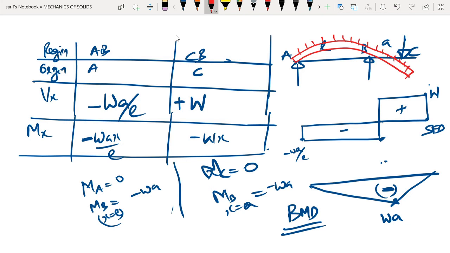With this we stop our discussions on shear force and bending moment diagrams for simple cases, and in the next lecture we will deal with beam spans having multiple loadings, and see how to do shear force and bending moment diagrams for such cases.